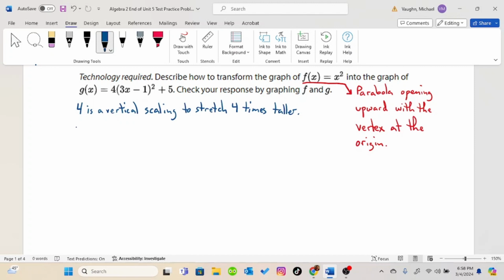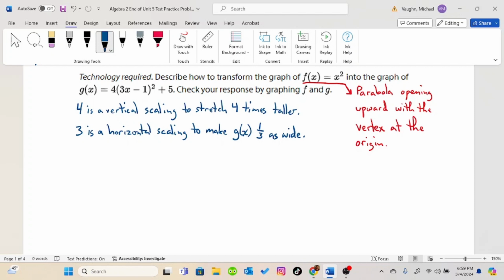Next, we have the 3. 3 is inside the parentheses, multiplying the x. So 3 is a horizontal scalar or scaling to make g of x 1/3 as wide.